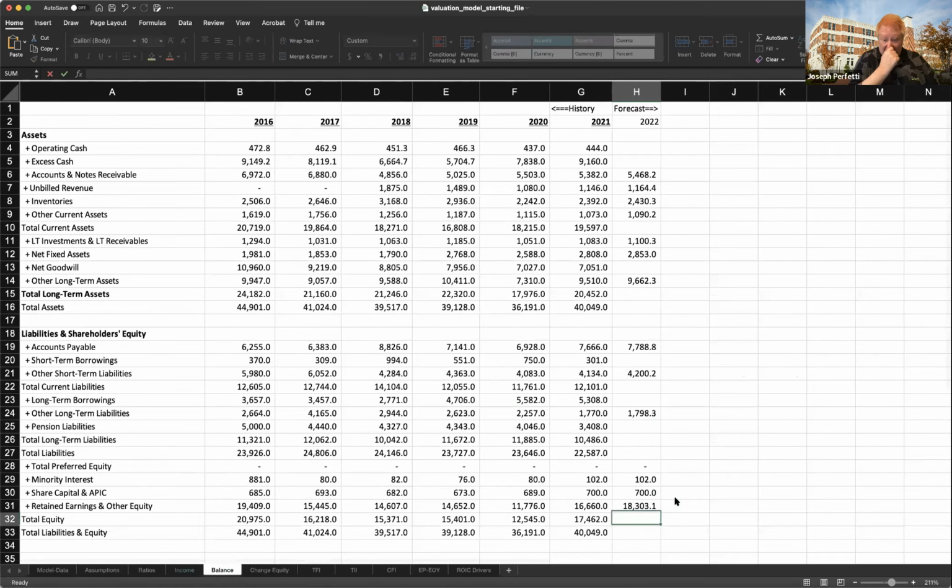Therefore, retained earnings should grow to 18,303.1. If I sum in H32 the 4 items above, from H28 all the way down to H31, that would be my total equity, 19,105.1.